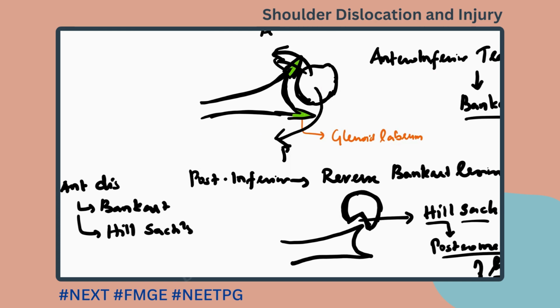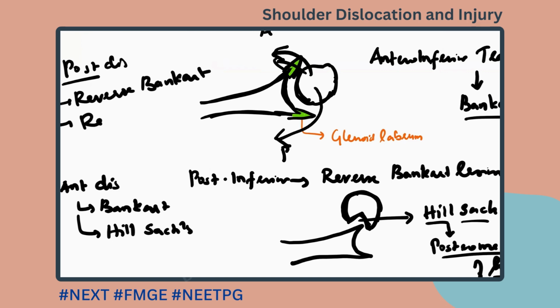Whereas posterior dislocation of the shoulder joint, reverse Banker's lesion is seen, and also reverse Hill-Sachs lesion is seen. Okay, clear? So these are all MCQs which come frequently from the shoulder dislocation topic. Any doubt on this?